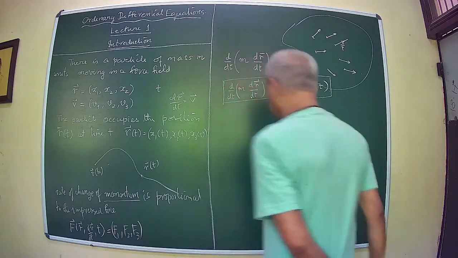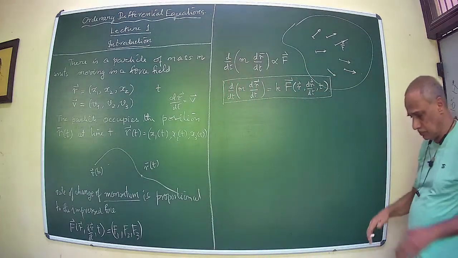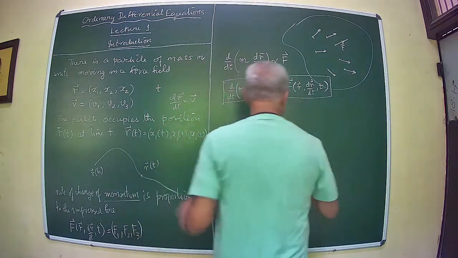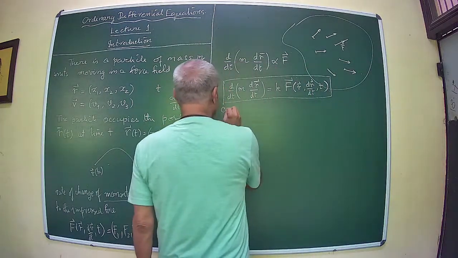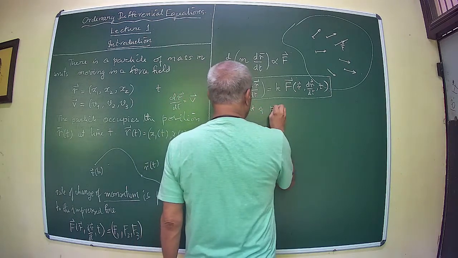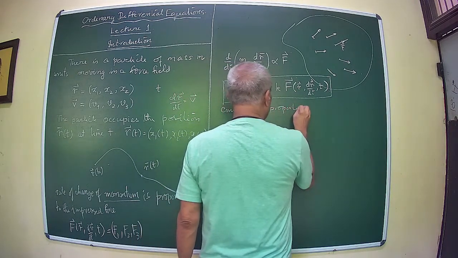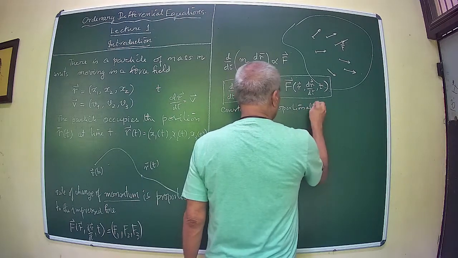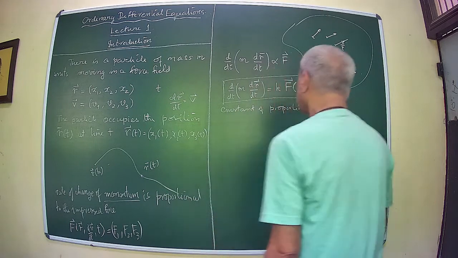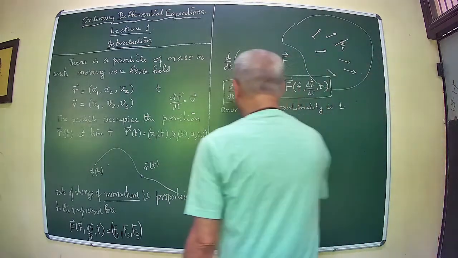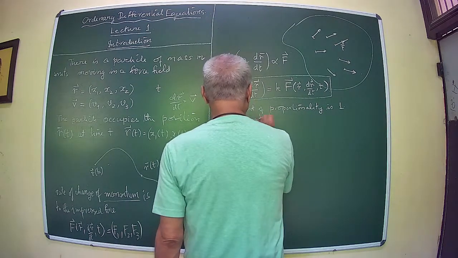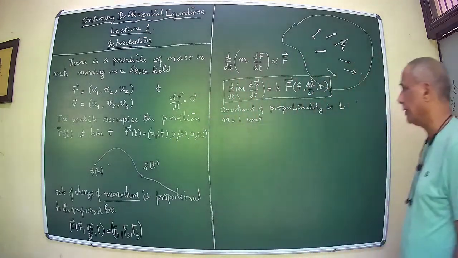Now I want to avoid some complications, so we assume that the constant of proportionality is one. And we also take m to be equal to 1 unit, whatever unit you prescribe.